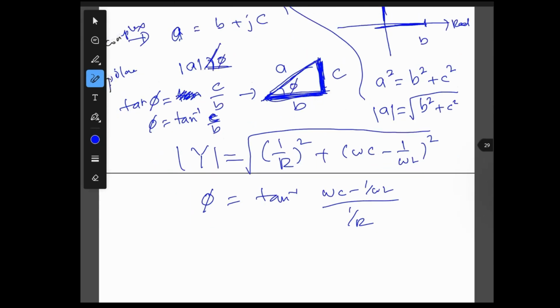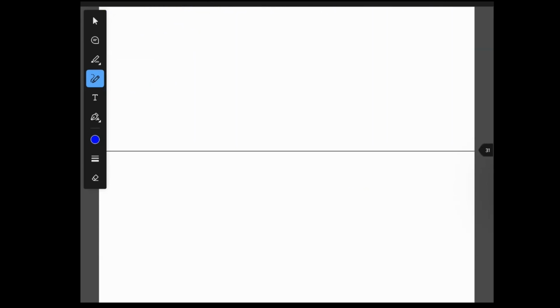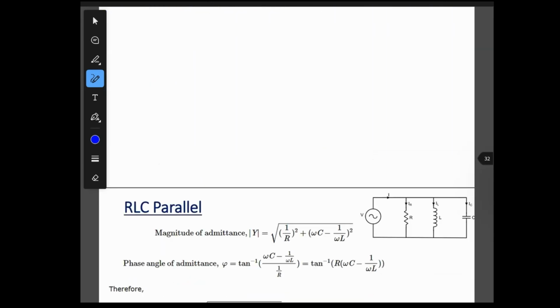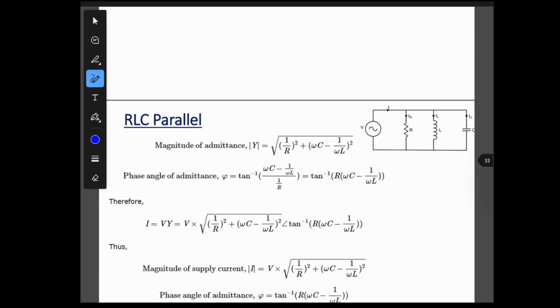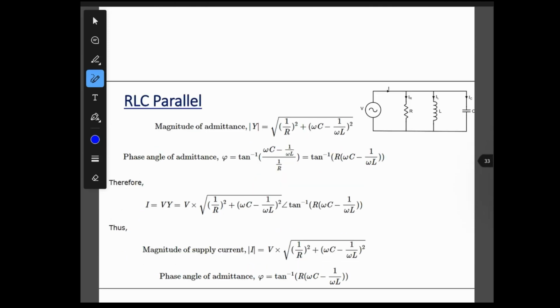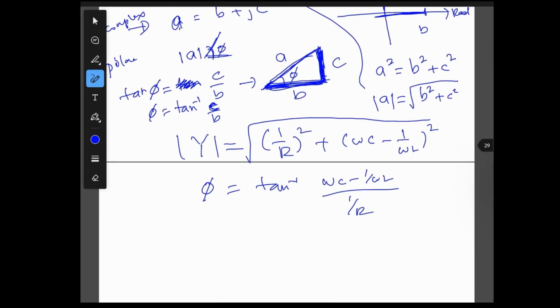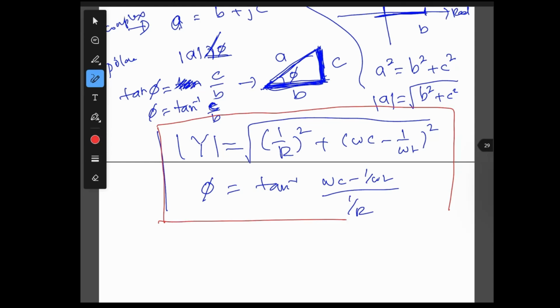So any question? I think I'll just explain in one page. Okay, the magnitude of admittance and the angle of admittance.